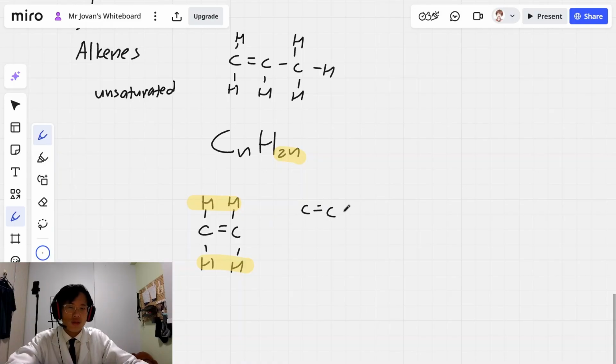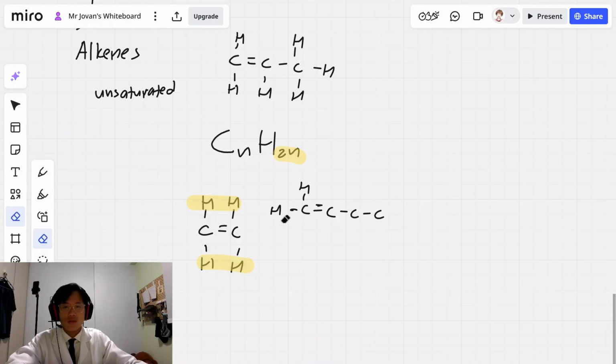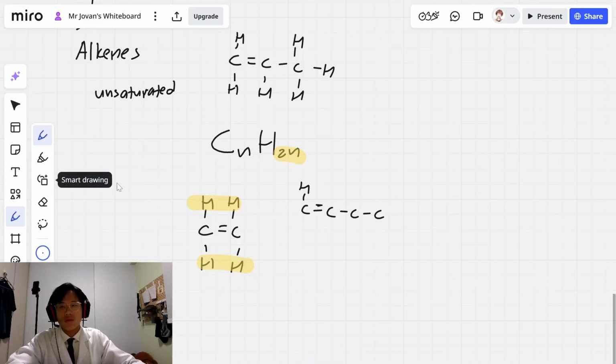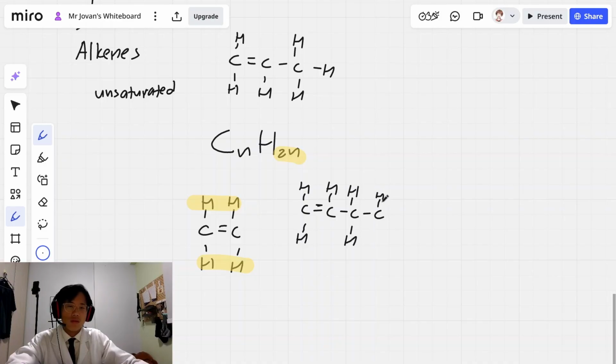Let's try 4 carbons. Where is my 2n? First n, second n. CnH2n. Simple. That is the general formula of alkenes. Now you know. It's just twice the number of carbons. You can draw the simplest version and immediately see that.